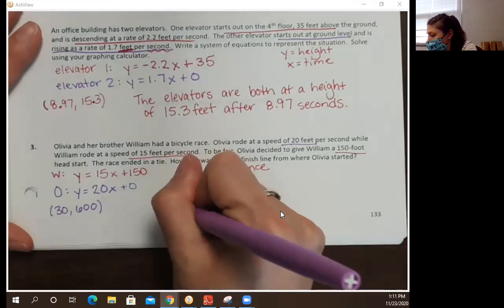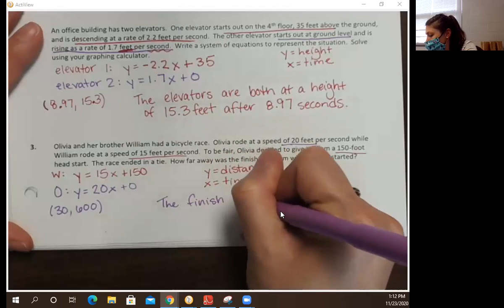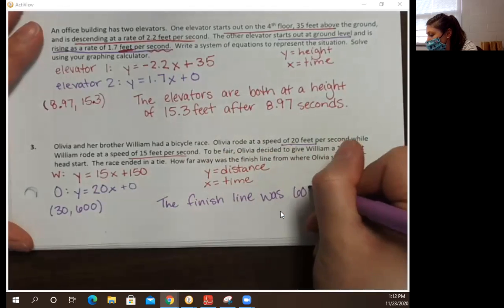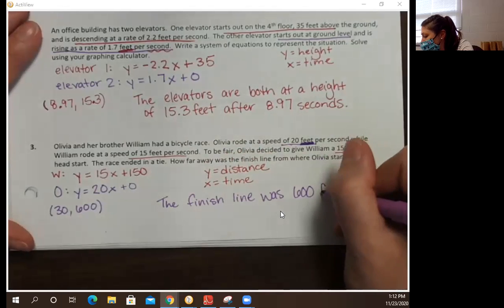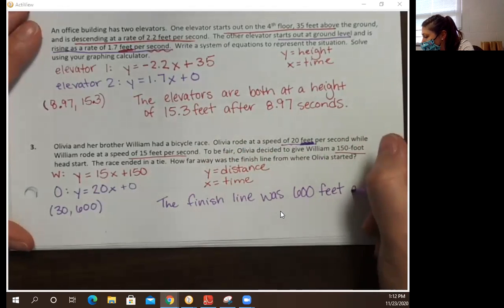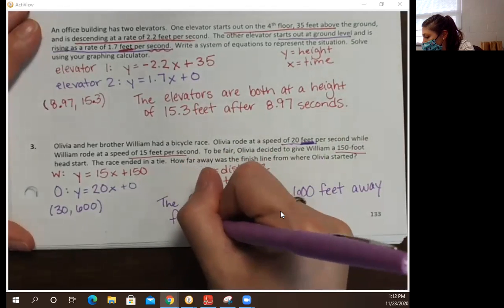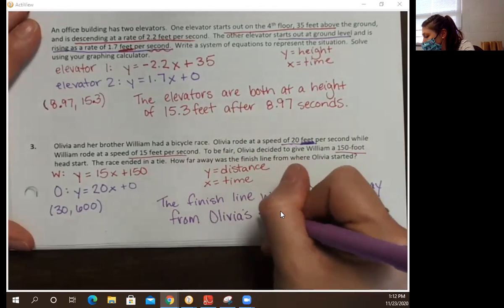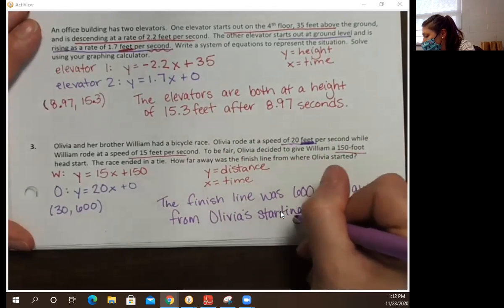So the finish line was 600, and our distance label here would be feet, 600 feet away from Olivia's starting position.